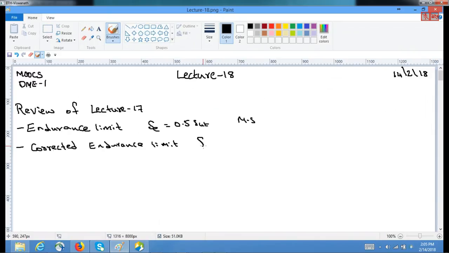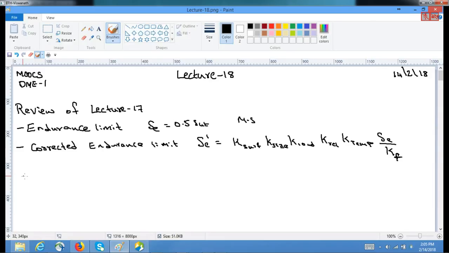So it has to be corrected for K size or K surface, K size, K load, K reliability, K temperature times SE divided by the stress concentration factor, or the notch sensitivity factor related to the actual stress intensity factor. So based on this, we have given different tables and we have corrected it.